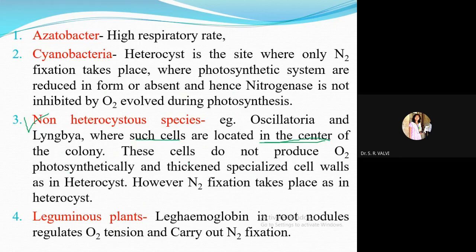So these cells do not produce O2 photosynthetically. This is a very important characteristic of non-heterocystous species.